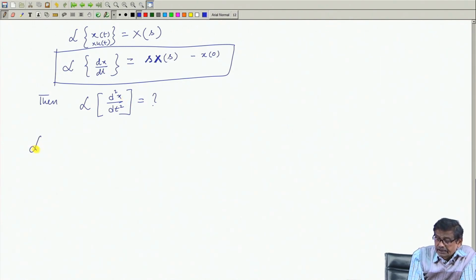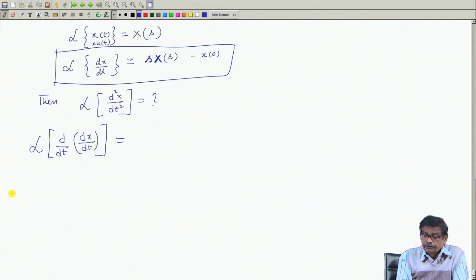For example, look here, the Laplace transform of d2x/dt2, the second derivative, I can write like this. Here this is the function whose Laplace transform of dx/dt is known.